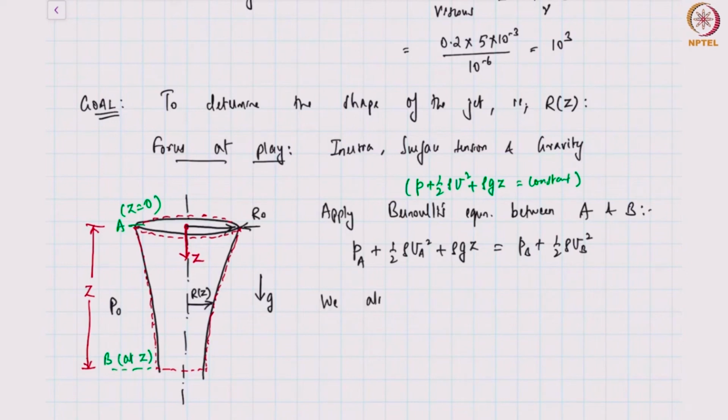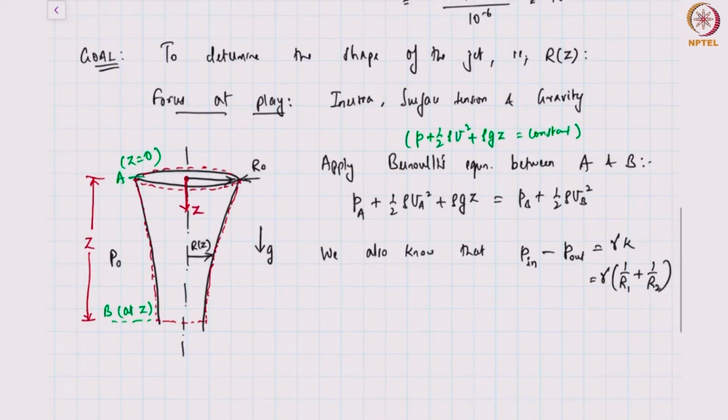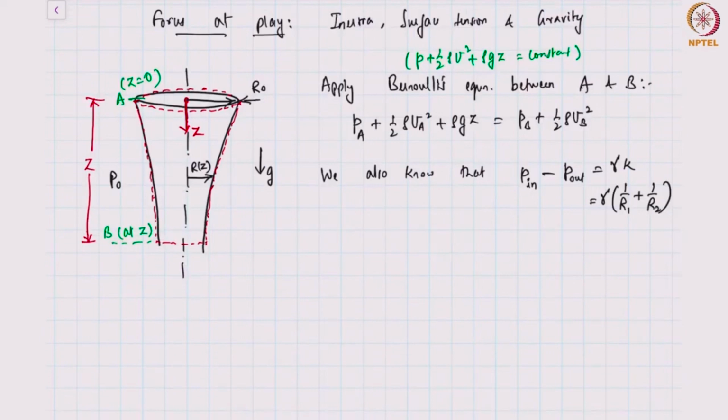We also know that the pressure inside the jet minus the pressure outside the jet is gamma times the curvature, which is gamma times 1 by R1 plus 1 by R2. What are these 1 by R1 and 1 by R2? If I take any arbitrary portion of the jet, then there are two radii of curvature.